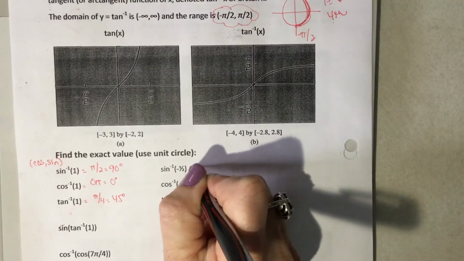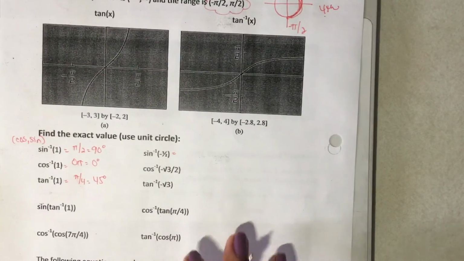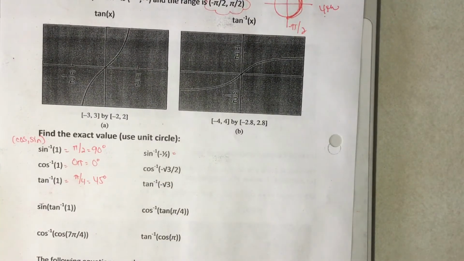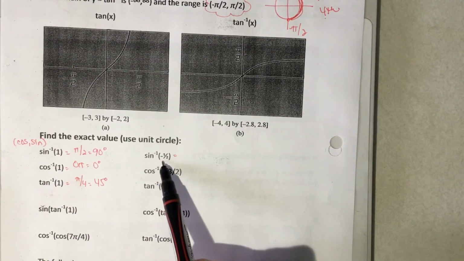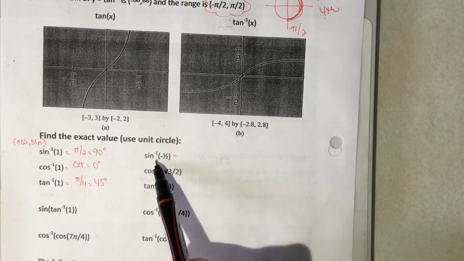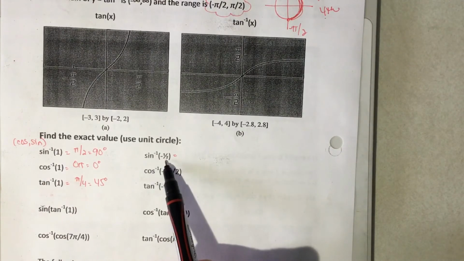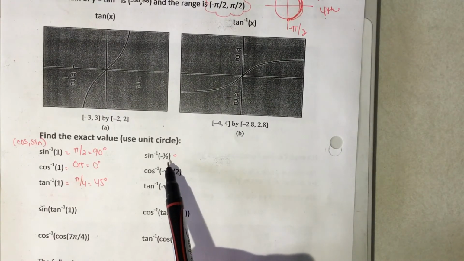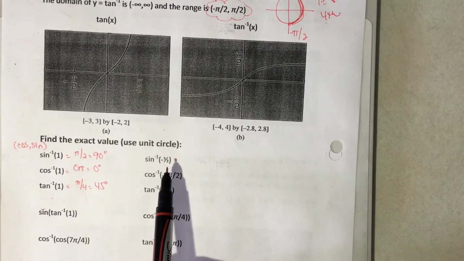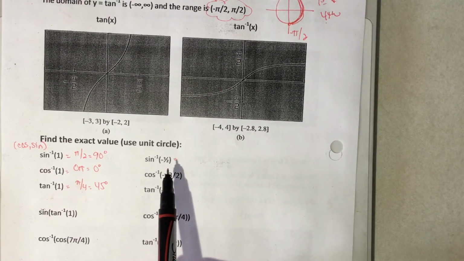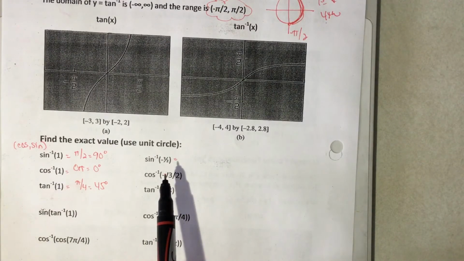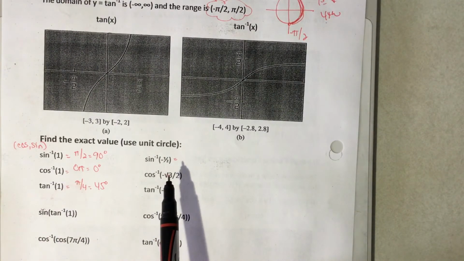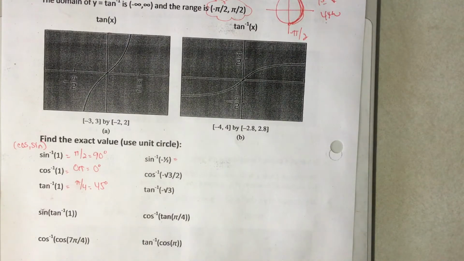Okay, now let's look here at the second column. Look for sine. Where is sine negative 1/2? It's kind of like I spy. Sine negative 1/2 is in the fourth and in the third.